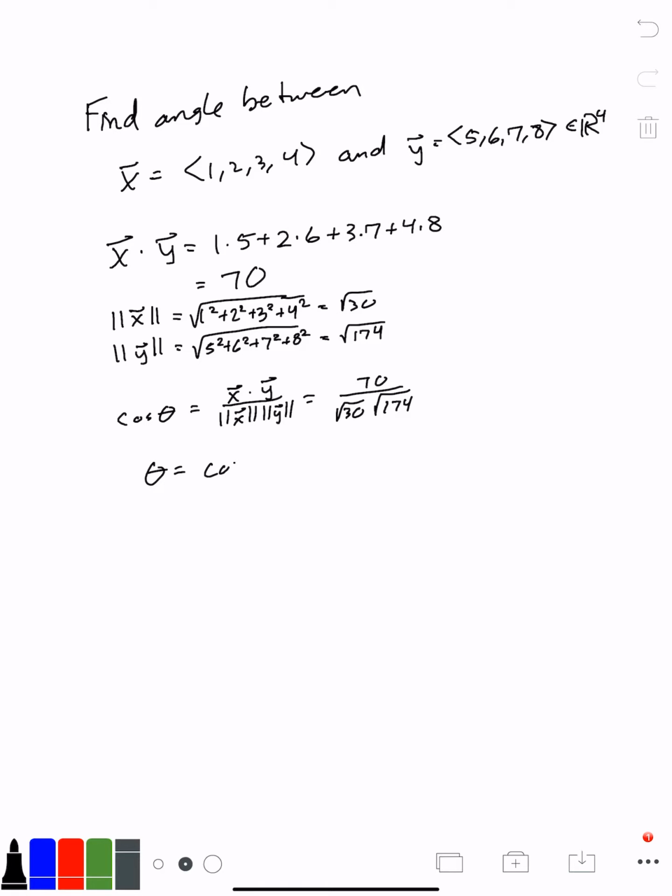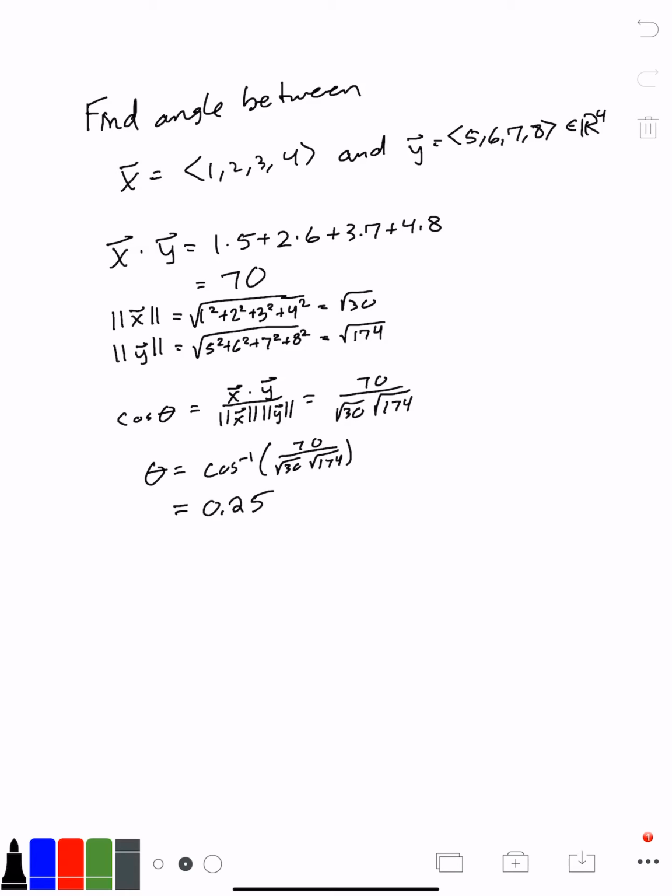And then we just do cosine inverse here and put this into our calculator. I'm getting 0.25 here.